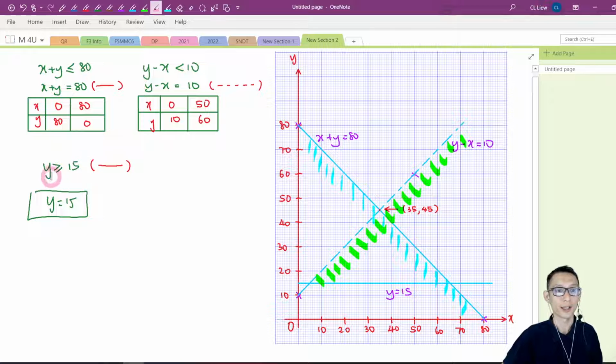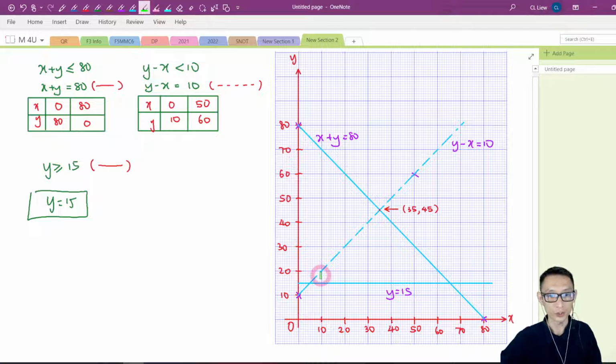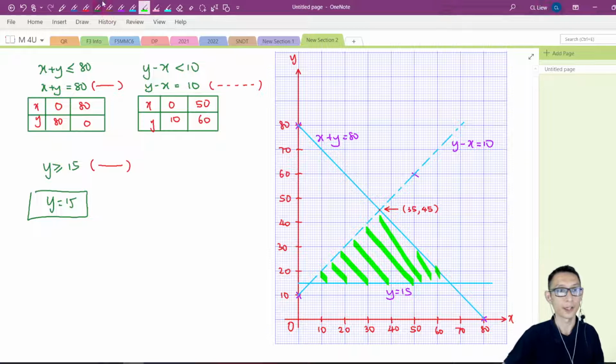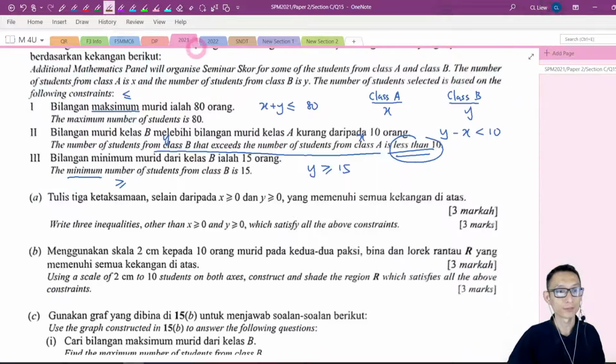The last one, x is greater than or equal to 15 over here, above. So we notice that this is the region that we are looking for. So we need to shade this region. Okay, so just shade this region and label it with R. Okay, this is R.